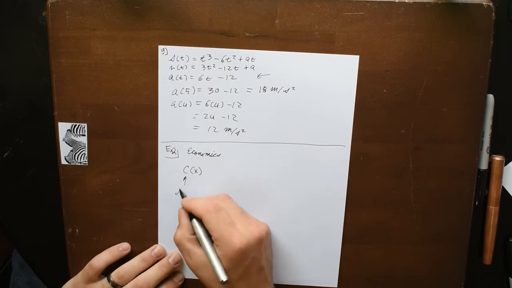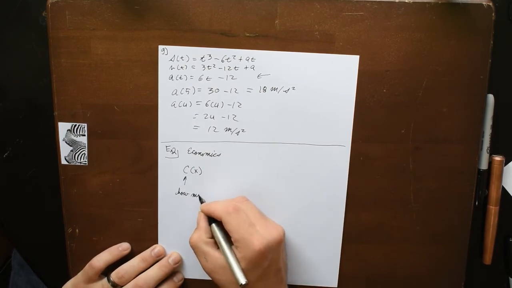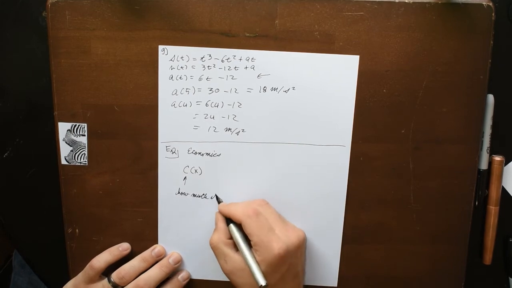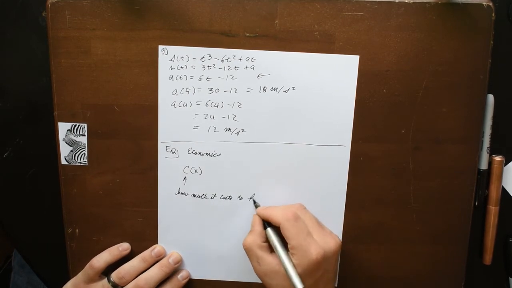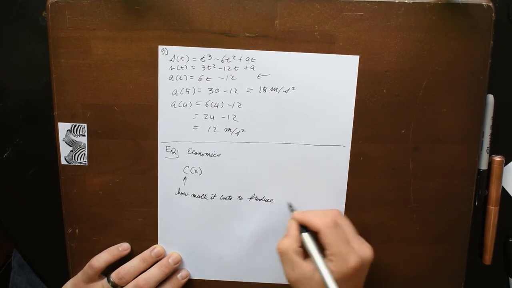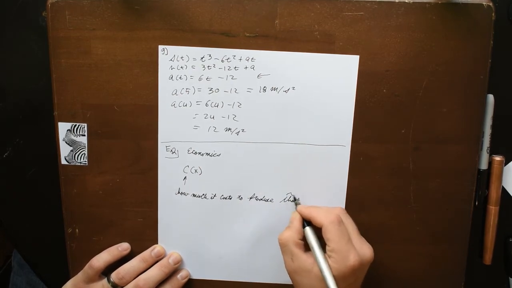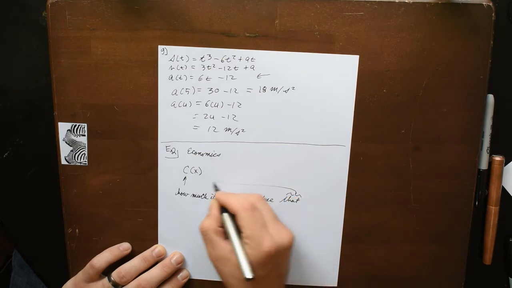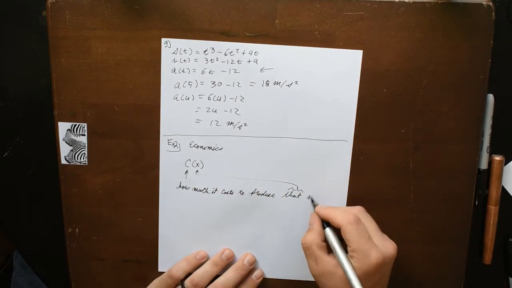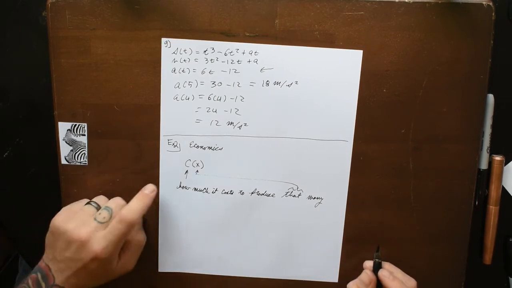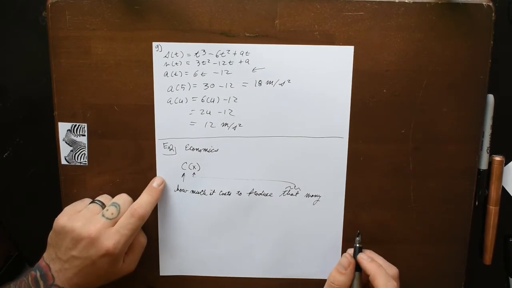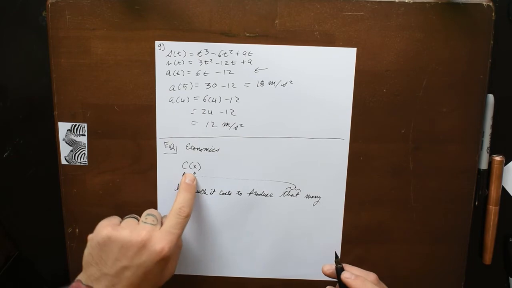This is how much it costs to produce that many. So our cost function tells us how much it is going to cost some fictional business to produce that many.